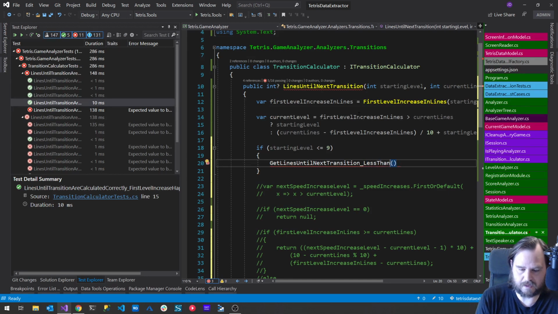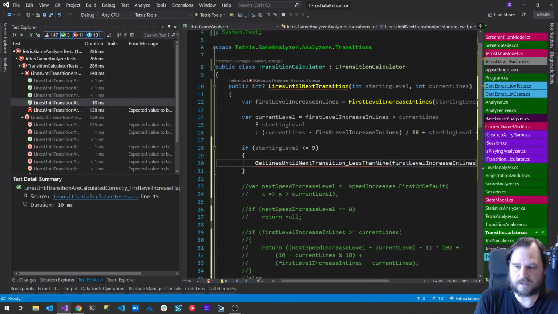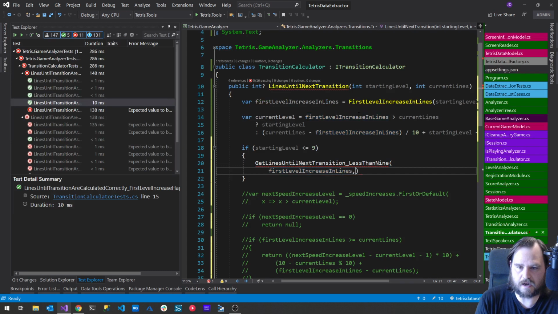We'll just say less than 9. We have our first increase, first level increase in lines. We're going to have our current lines and our current level.